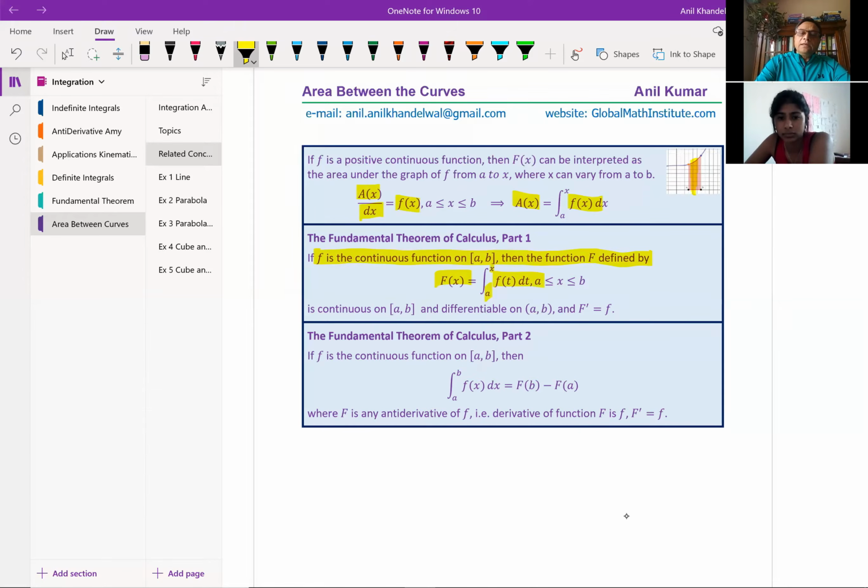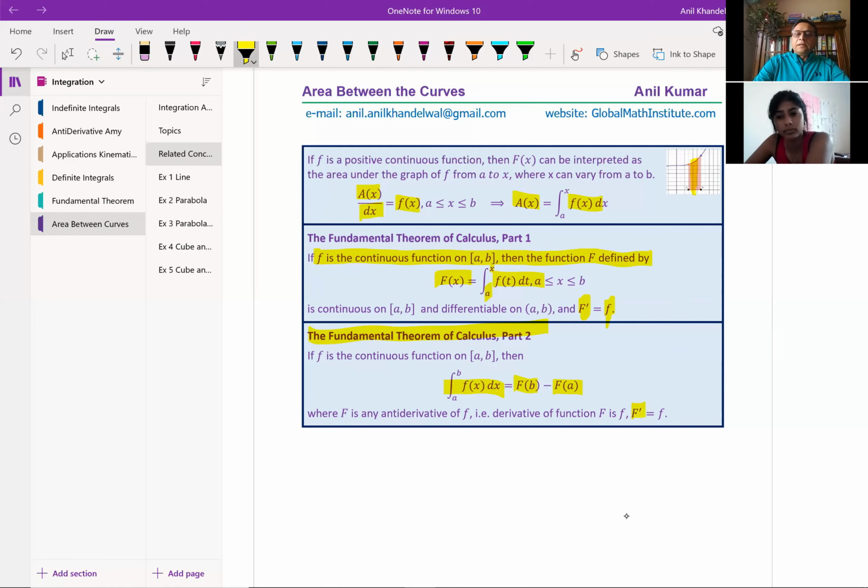Here you can calculate the integral by finding the antiderivative of the function itself, so we have an easy way of finding this integral. In fundamental theorem of calculus part two, we discovered another easy method: if I find the difference between the values F of b and F of a, I get the integral itself. That is what we have learned so far.